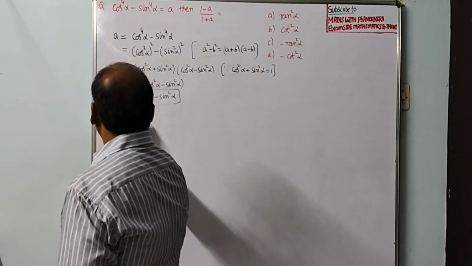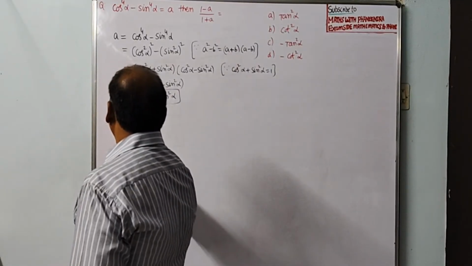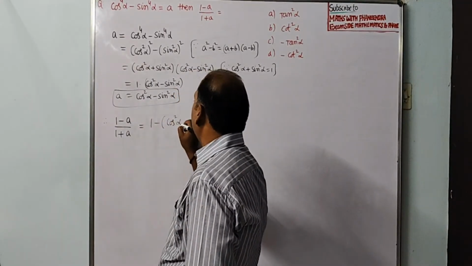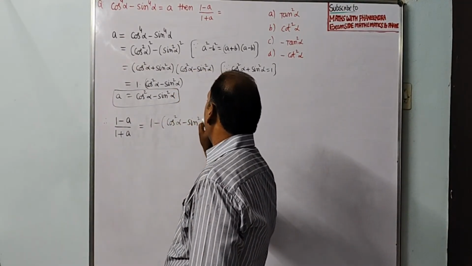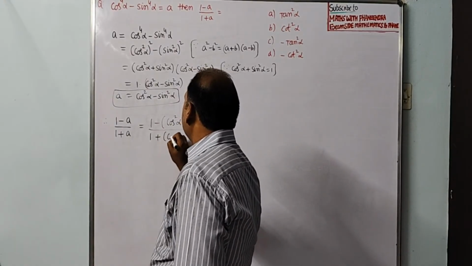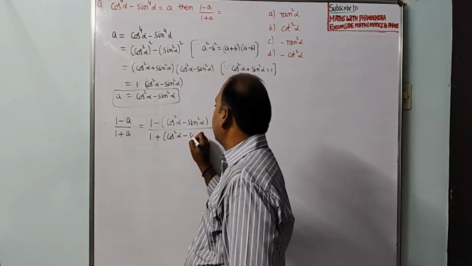1 minus a by 1 plus a equal to (1 minus (cos square alpha minus sin square alpha)) divided by (1 plus cos square alpha minus sin square alpha).